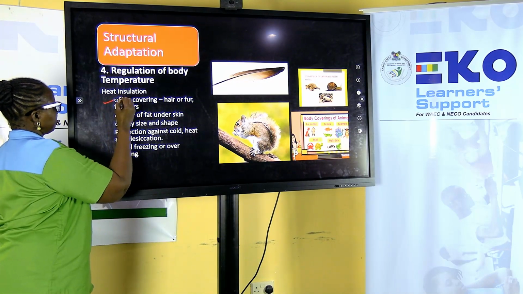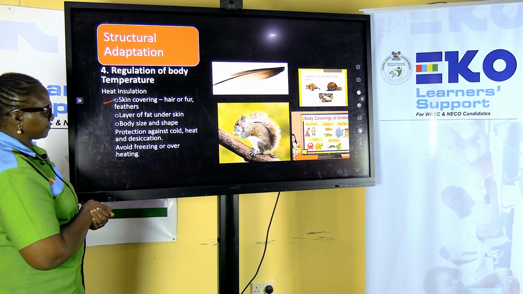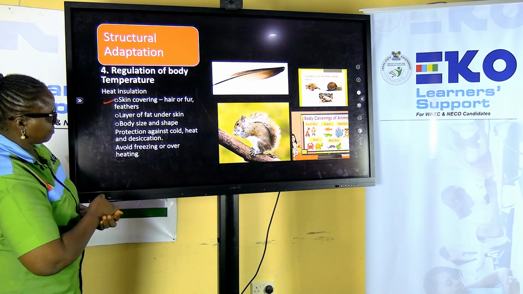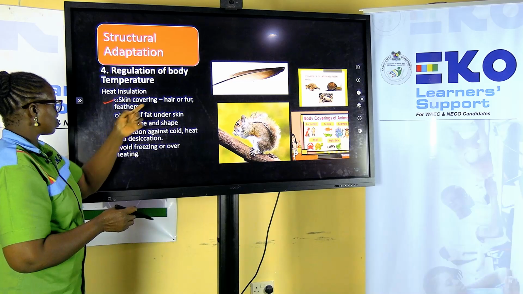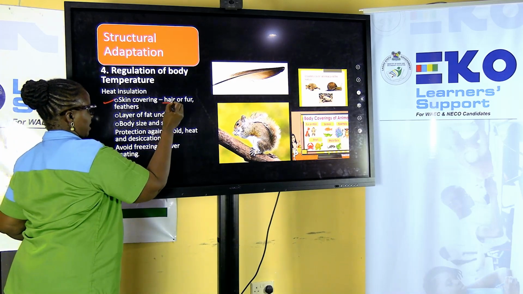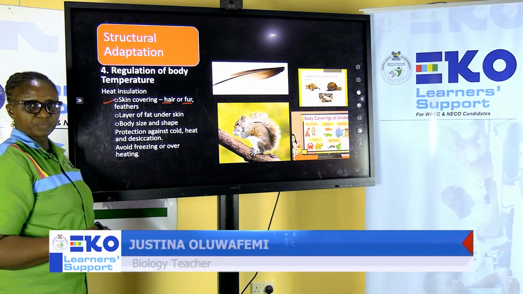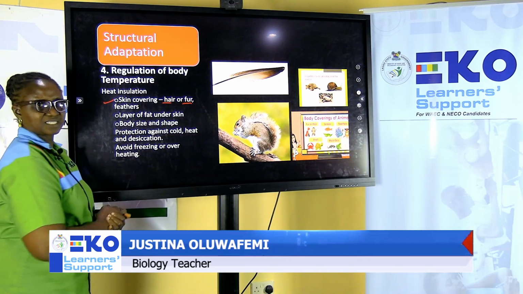The first one I have here is what? Skin covering. I have some organisms listed on the board. When you look at them carefully, you will see different structures or features that they use. Some hair or fur. In mammals we mention hair or fur for covering. Then we have feathers.